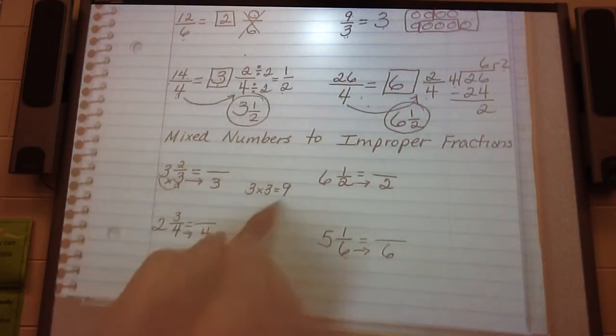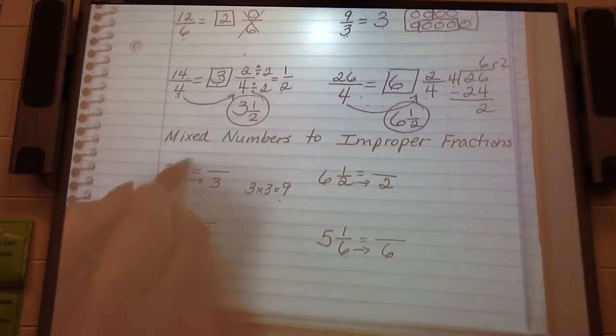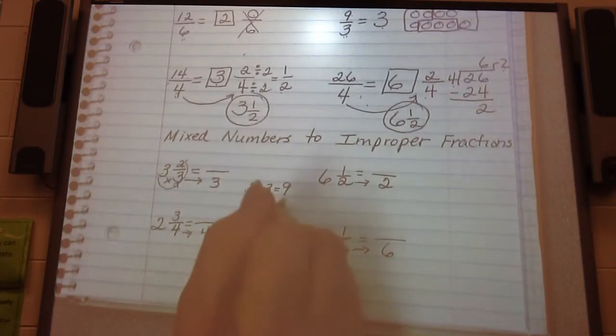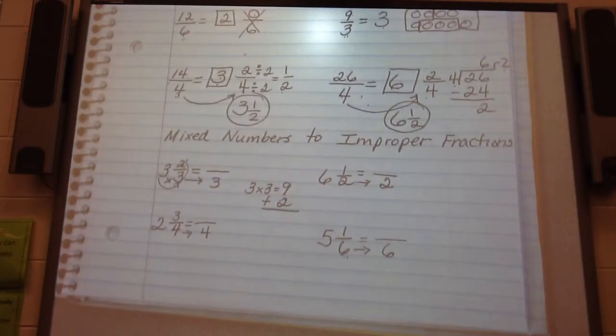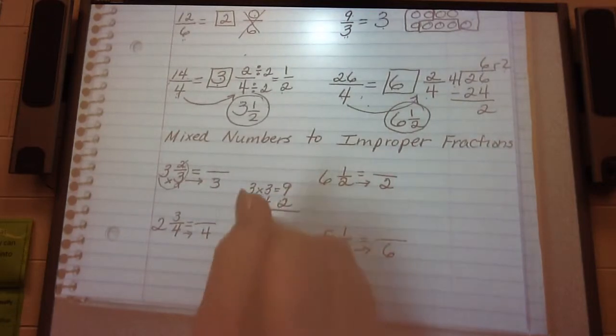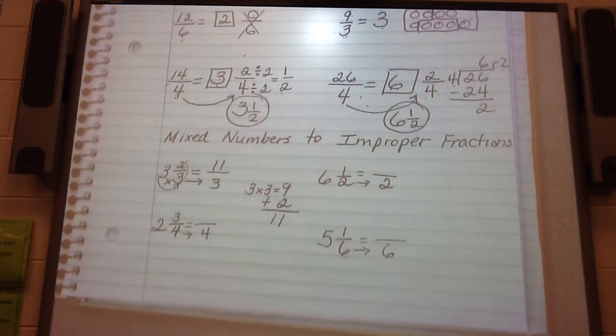Then, to that product, you're going to add the numerator to the product and find the sum. 9 plus 2 is 11, and that's the number that is your numerator. So it's a two-step process after you've written down your denominator for the new fraction.